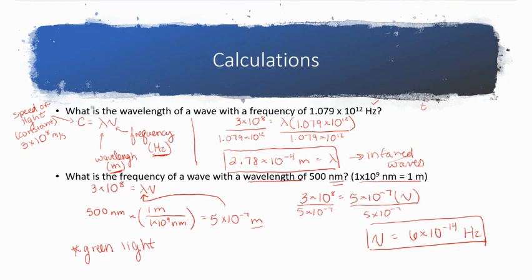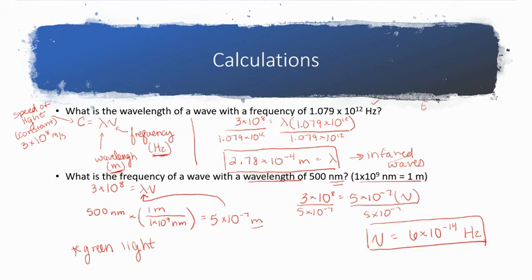The main ideas are that matter can absorb and emit light, and that light is going to act as a wave with a wavelength and a frequency. The wavelength and frequency are inversely related. So as your waves get longer, your frequency is going to get smaller and smaller, and vice versa. And we can categorize our types of waves using the electromagnetic spectrum.